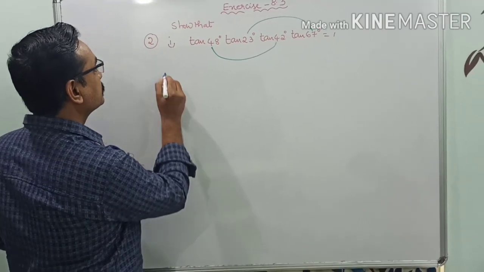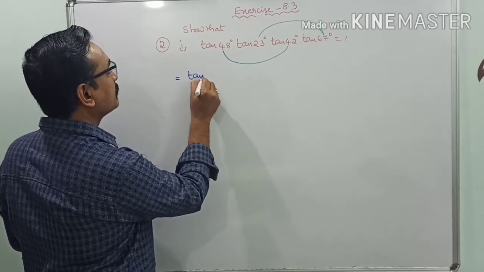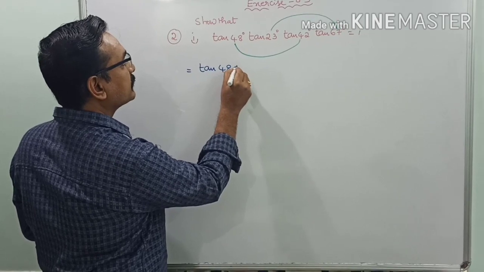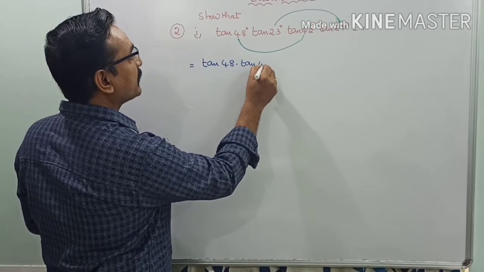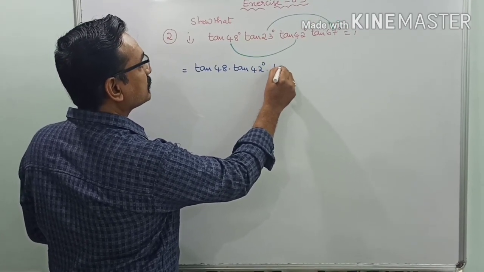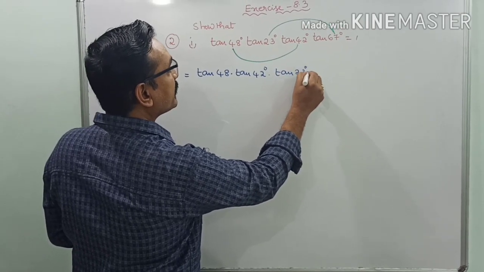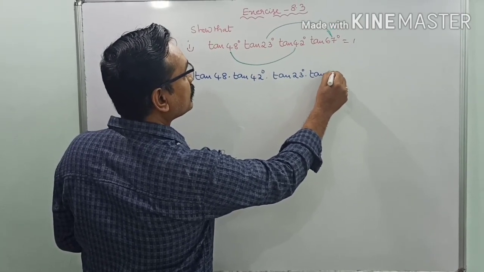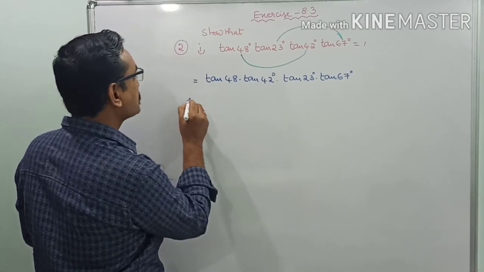Tan 48 into tan 42 degrees, tan 23 degrees into tan 67 degrees.